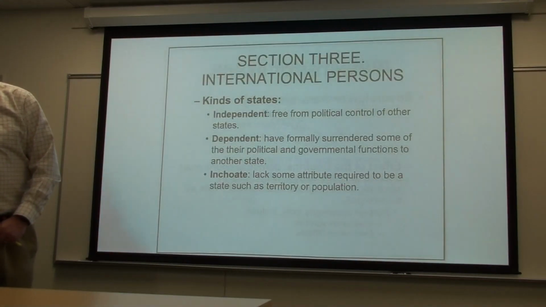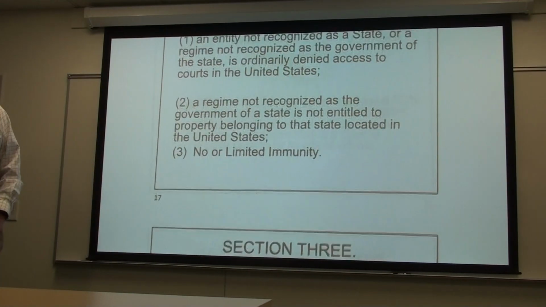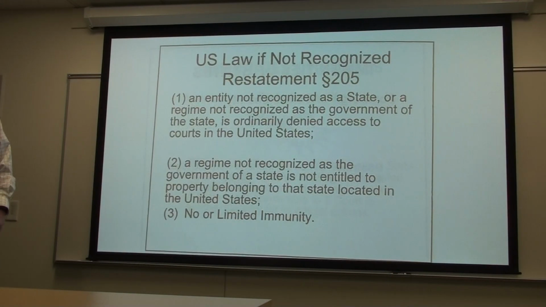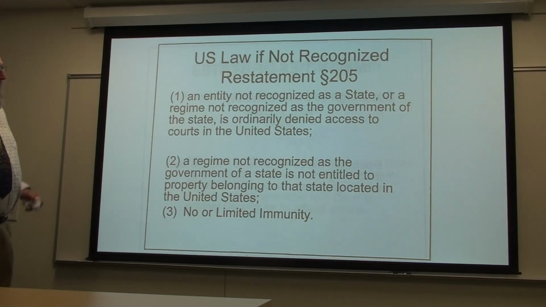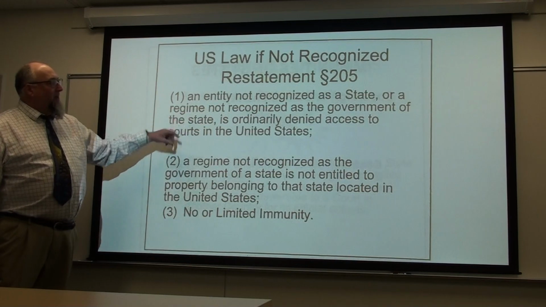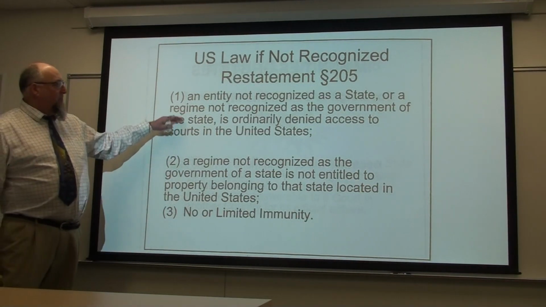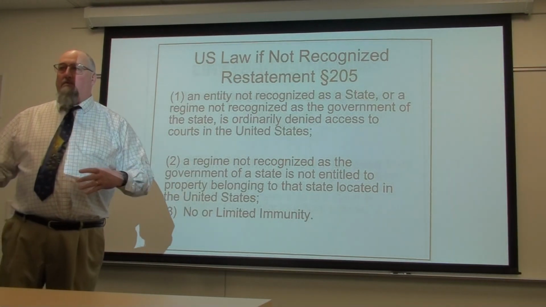So what is the significance of recognition or not being recognized? Page 58. So this is not U.S. law. An entity not recognized as a state or a regime not recognized as the government of a state is ordinarily denied access to the courts in the U.S. That's one outflow.